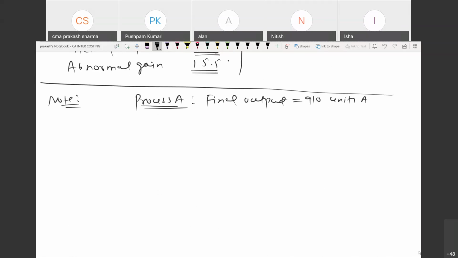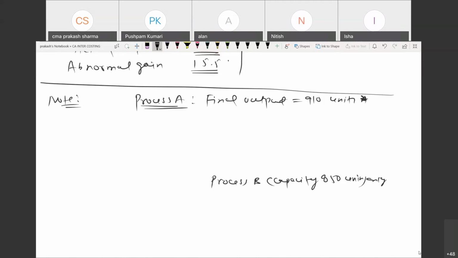As in the previous question, our actual final output from the process is 910 units, and these 910 units were transferred to process B. But sometimes it happens that our process B has the capacity of taking 850 units only at a time.